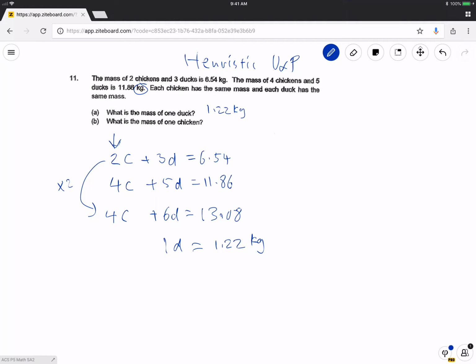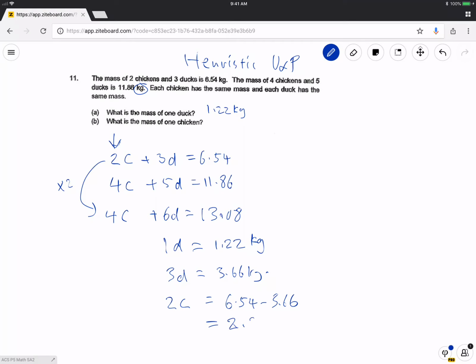So duck is 1.22 kg. If 1 duck is 1.22, 3 ducks is 3.66. So 4 chicken. Sorry, 2 chicken. 2C is 6.54 minus 3.66. 2.88.